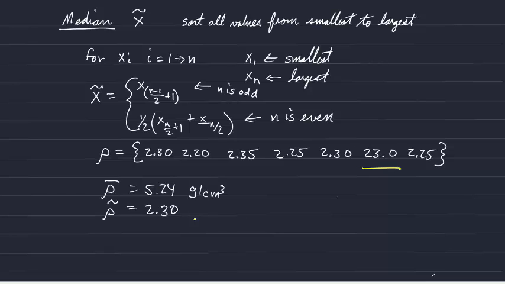So we've looked at two ways of looking at the center value. Let's look at the final way, and that's the mode. We'll define the mode as x with a caret over it. Basically the mode is the most frequent value.